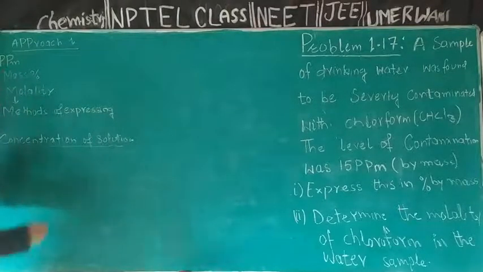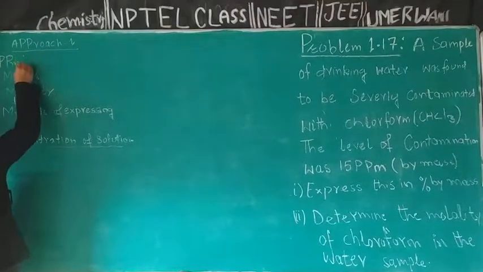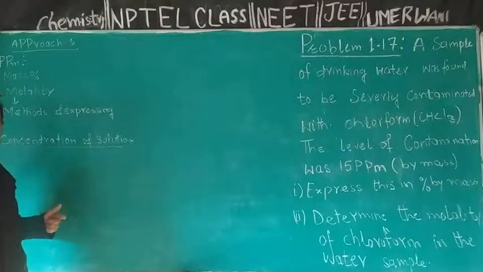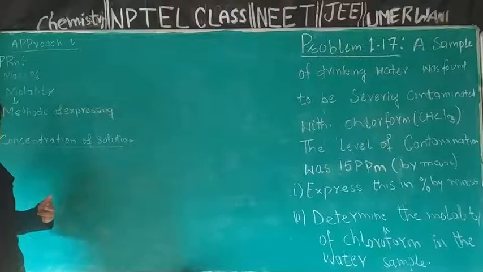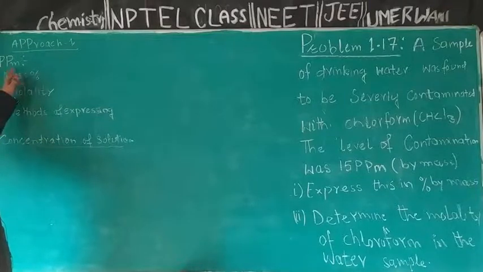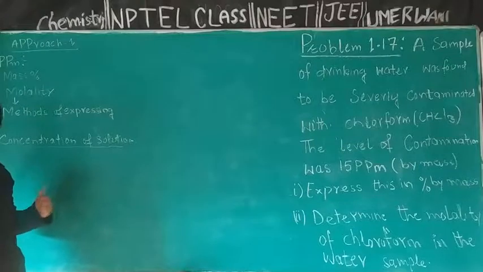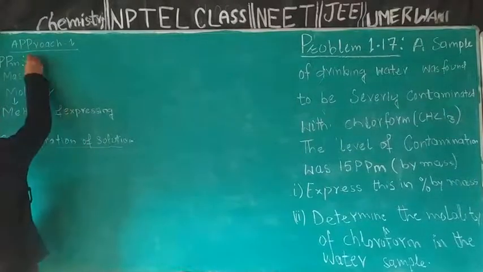By parts per million we mean parts of solute present in million parts of solution. If we consider that these parts are in terms of mass, then I will say mass of solute in grams present in million grams of solution.